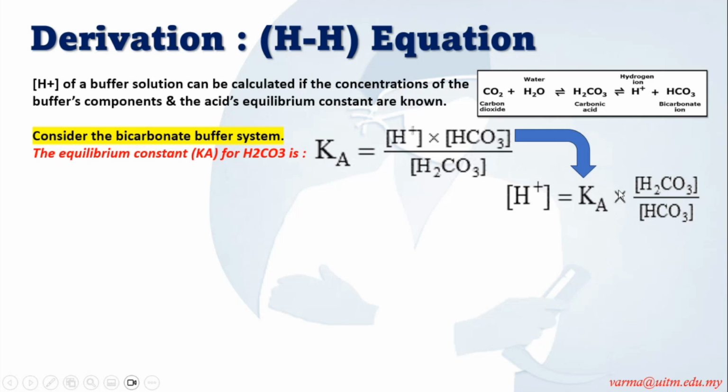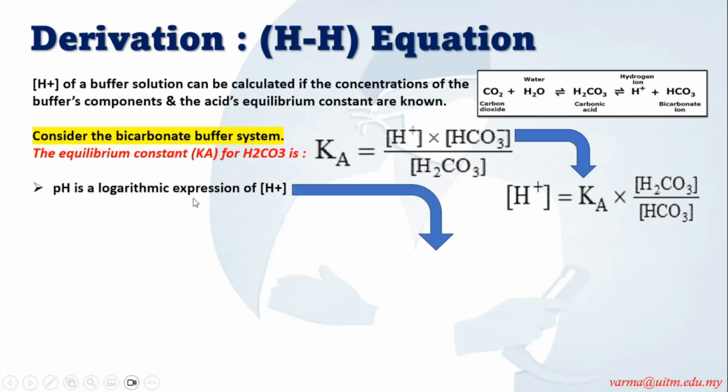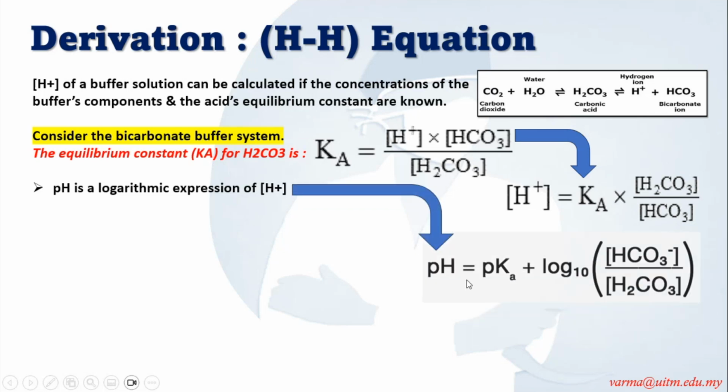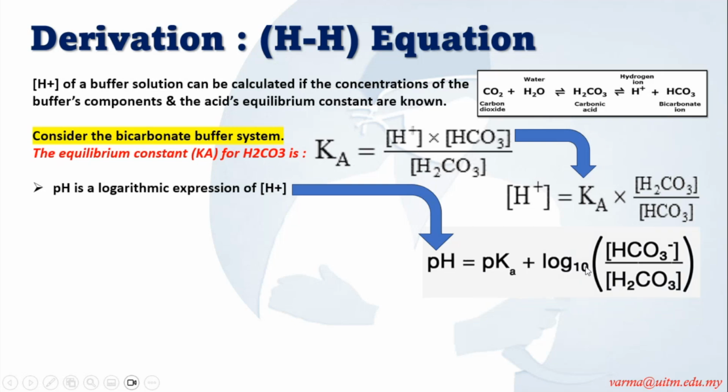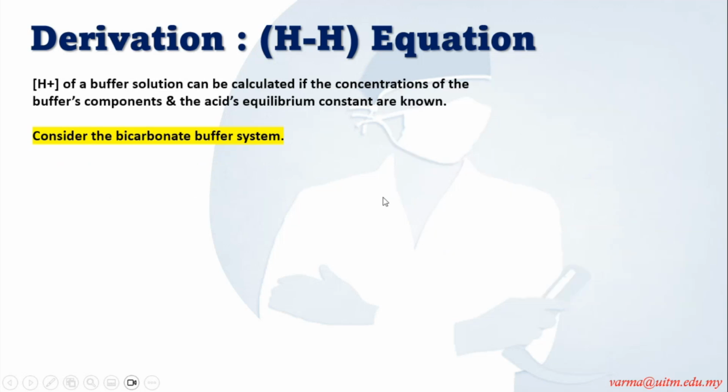You rearrange that, you will get this, because we want to calculate the H plus concentration, right? So that is why we rearrange that. Okay. pH is the logarithmic expression of the H plus. So you take the log of this whole thing, and you will get pH equals pKa plus log of conjugate base divided by weak acid. Do you all see how we get this equation?